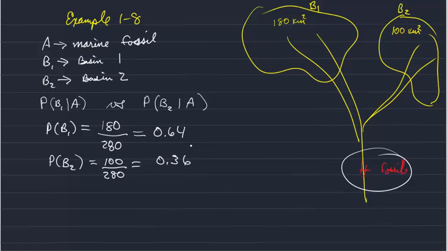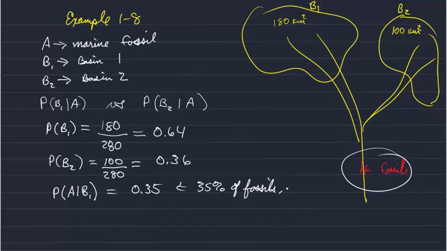Okay, so let's say that we know from prior studies that given we're in Basin B1, 35% are marine. Given we're in Basin 1, the probability of a marine fossil is 0.35.